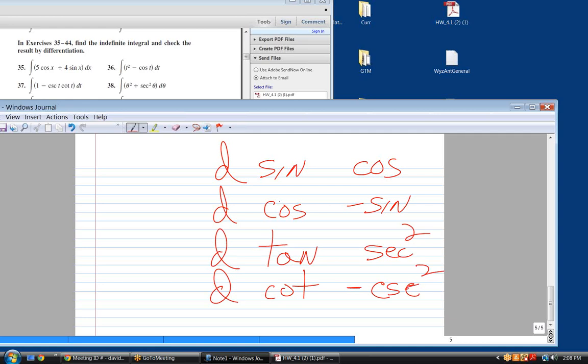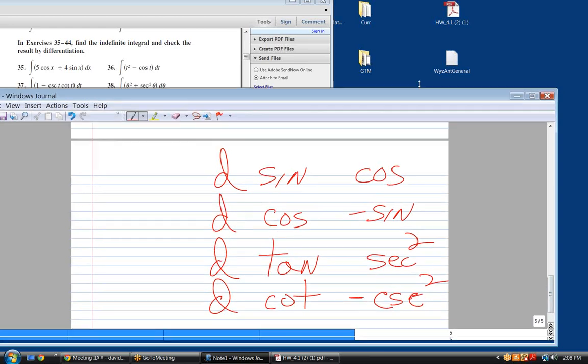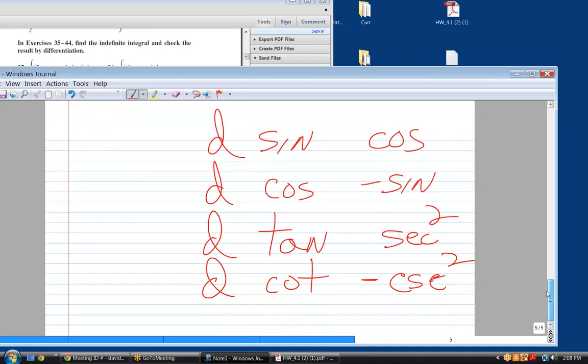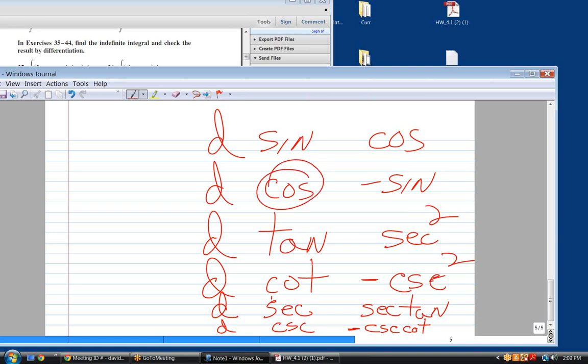The derivative of each cofunction is negative. And if I continue it into the two that are the hardest to remember, the derivative of the secant is secant tangent, which makes the derivative of the cosecant has to be negative cosecant cotangent. So notice that each cofunction, the derivative is negative.